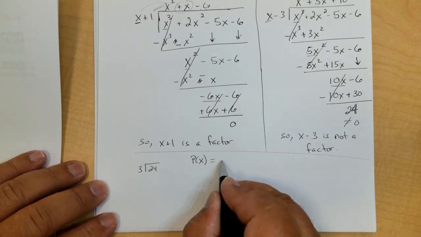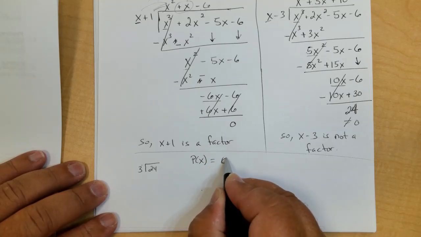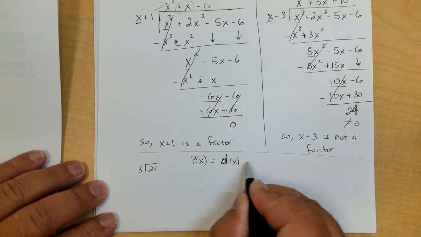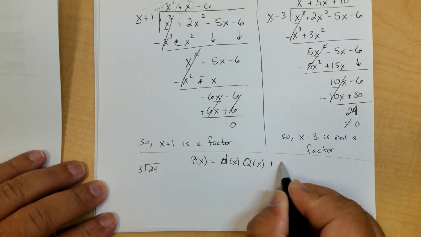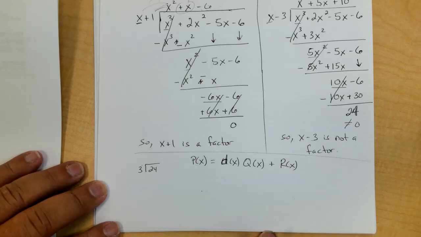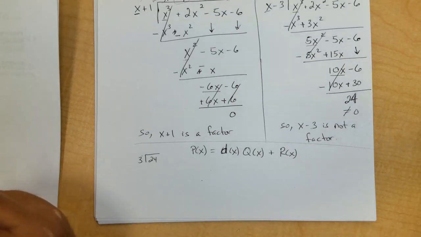Which in math terms, we're looking at p of x is equal to d of x times q of x plus r of x. These are all functions.